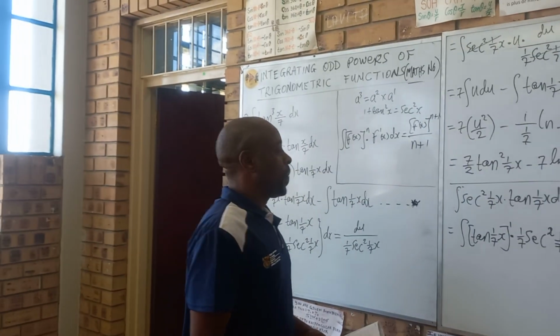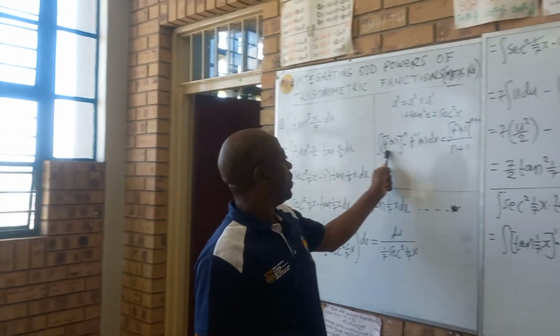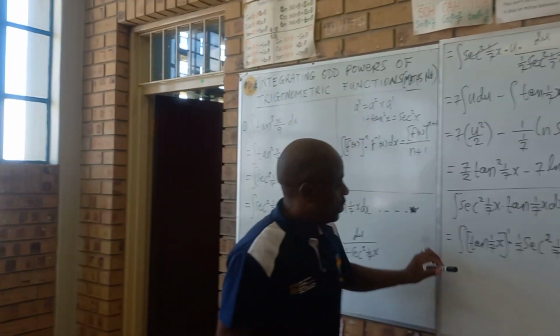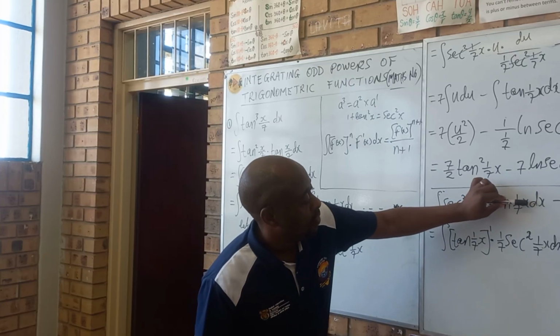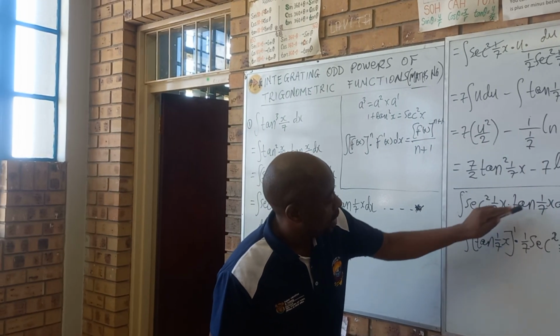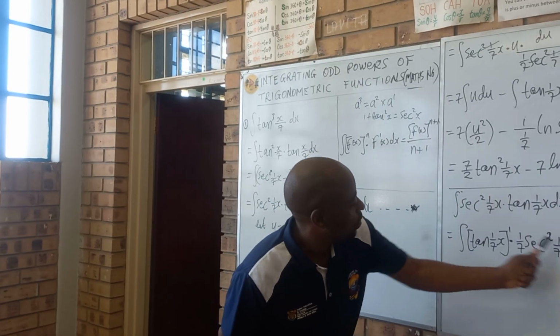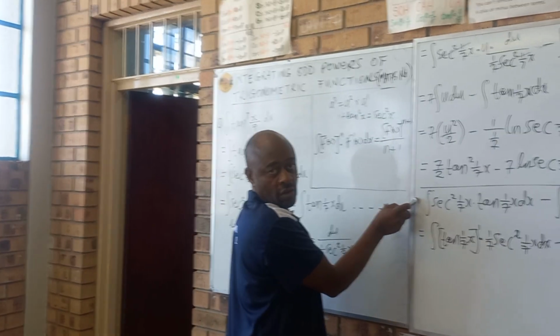So that is it. Now, to make sure that my u substitution is complete with the help of this power rule, all I need to do is compare what is written here to the original problem and make sure that they're still the same. If we compare, you see that your tan 1 over 7x exists there, sec squared exists, but this 1 over 7 does not exist in the original problem.